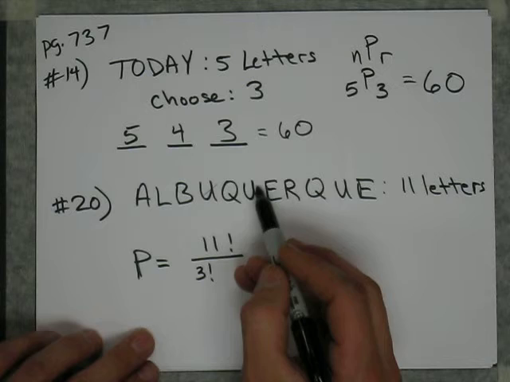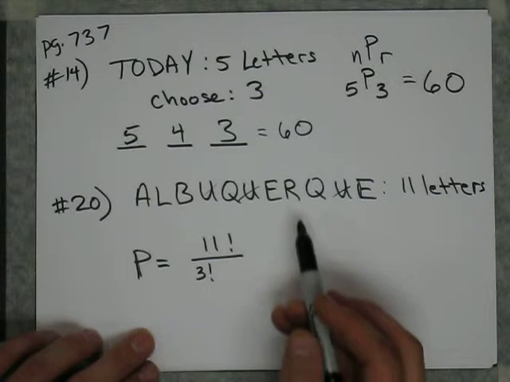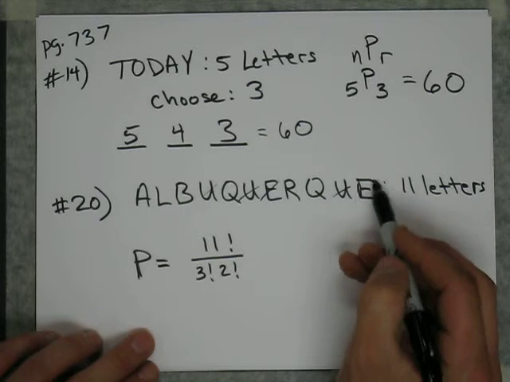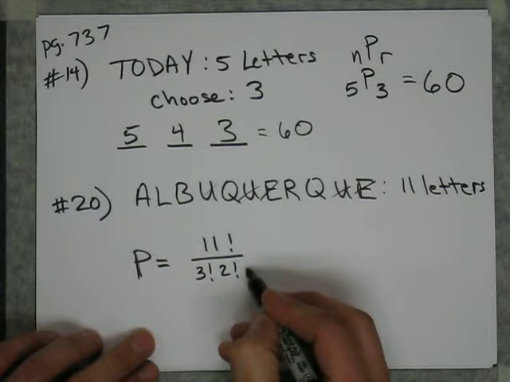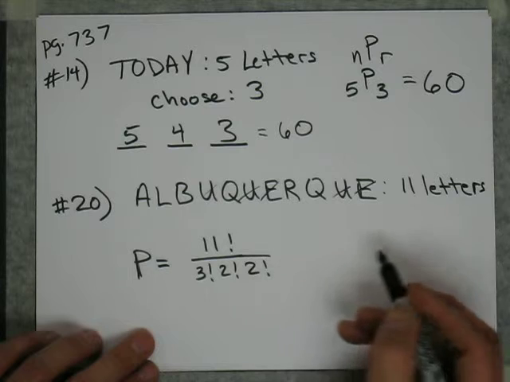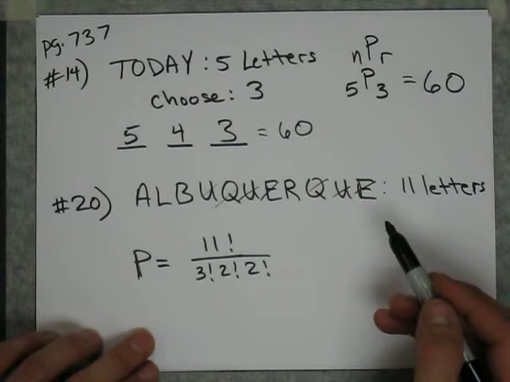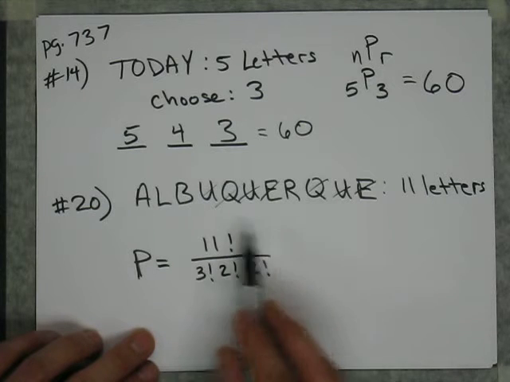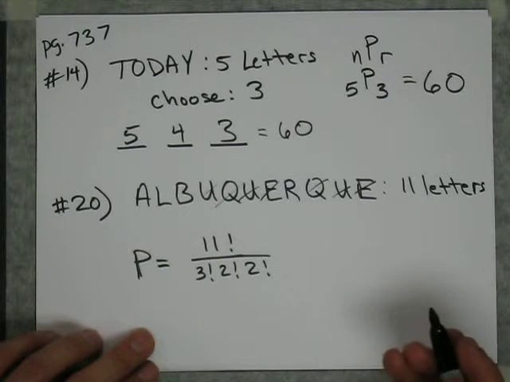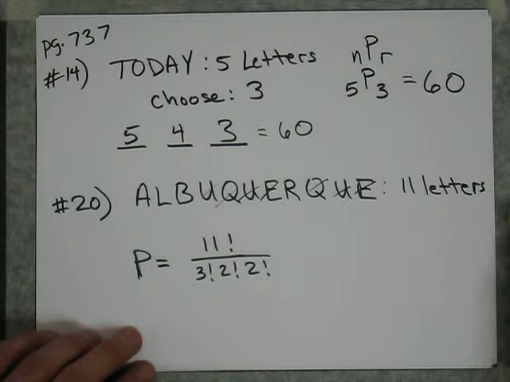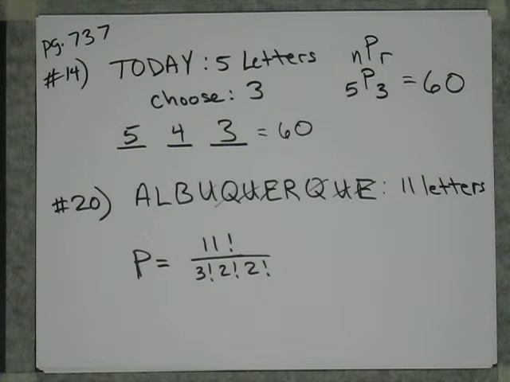And the E's, there's 2 of them, so 2 factorial. And then the Q's, 2 factorial for the Q's. So I knock those out. The other ones don't have any repetition. You could say 1 factorial, but 1 factorial is just 1, so that wouldn't help us. So go ahead and do 11 factorial divided by 3 factorial times 2 factorial times 2 factorial.